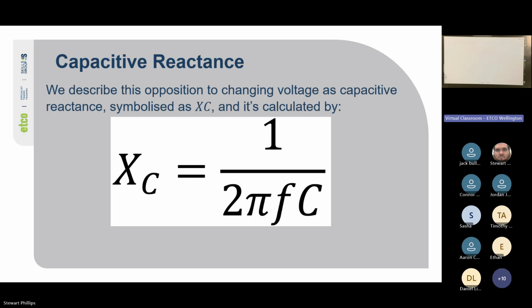So it's the reverse of the inductive formula. As frequency increases, our capacitive reactance gets smaller, meaning the capacitor allows more current to flow. So in an inductor, higher frequency means more opposition, and in a capacitor, higher frequency means less opposition.